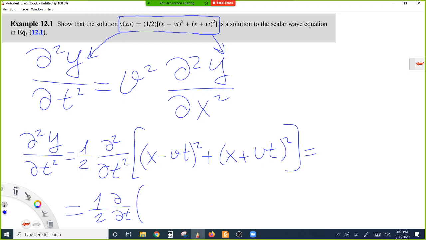We are taking one derivative, that's why the power 2 becomes 1.